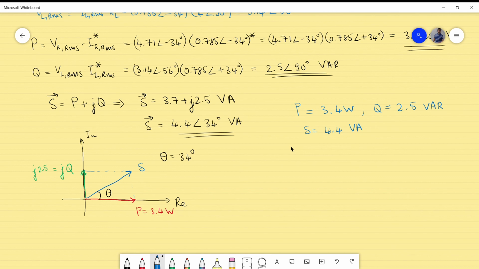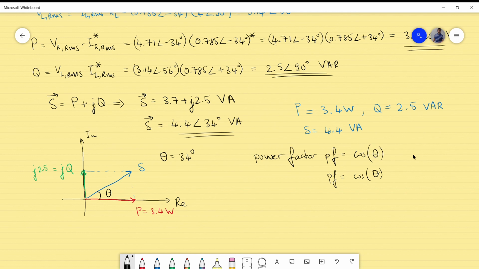Now is the following question, what is now the power factor? The power factor, that's the last one, PF is equal to the cosine of the angle theta.